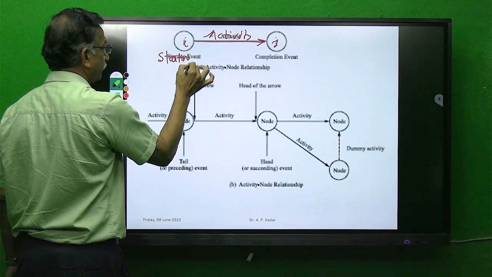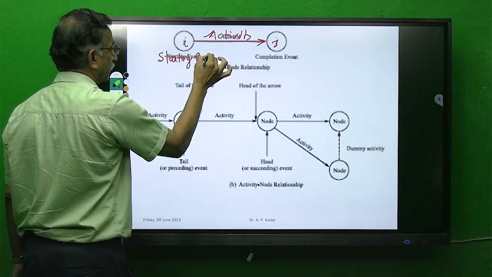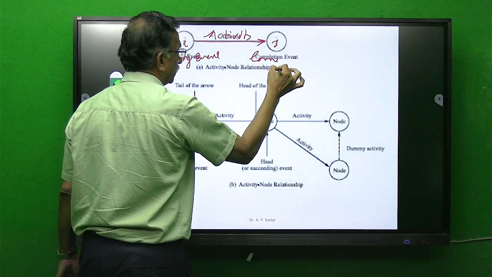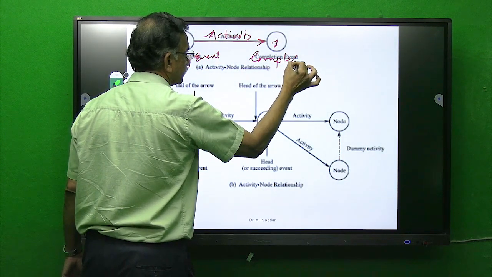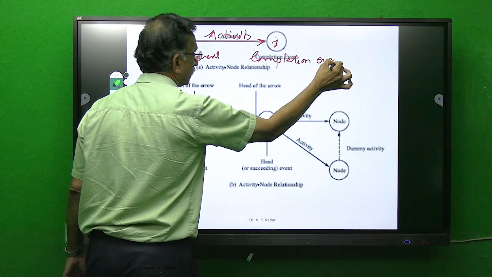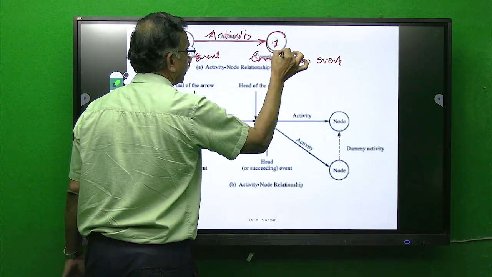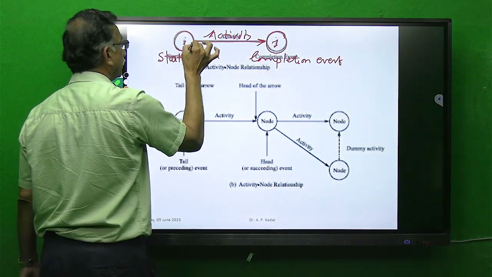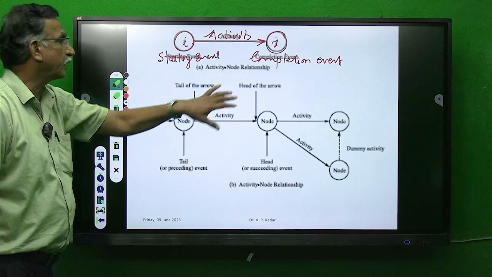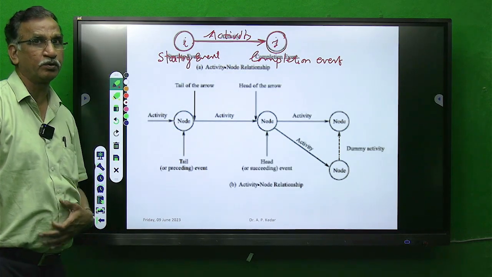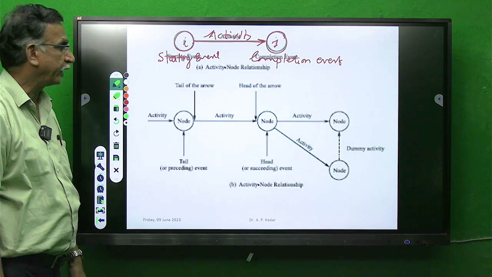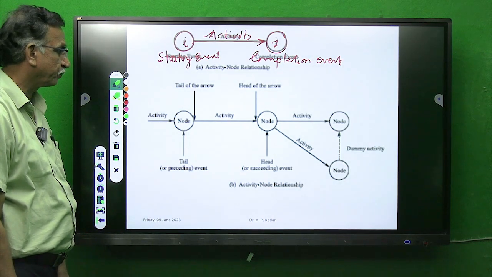This one is starting event, and this one is completion, or other name is end event. Starting event and completion or end event. Now this particular diagram represents activity node relationship.